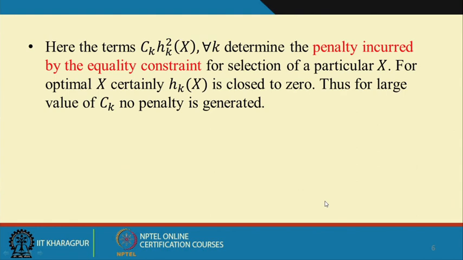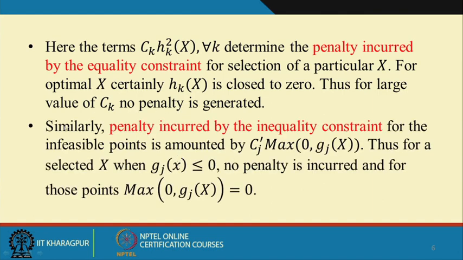If we just summarize, the terms ck hk squared determine the penalty incurred by the equality constraint for the selection of a particular x, and for the optimal x, certainly hk(x) is close to 0. Thus, for a large value of ck, no penalty is generated. Here we are making ck tend to infinity.